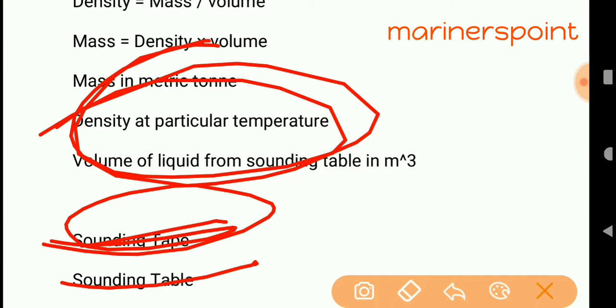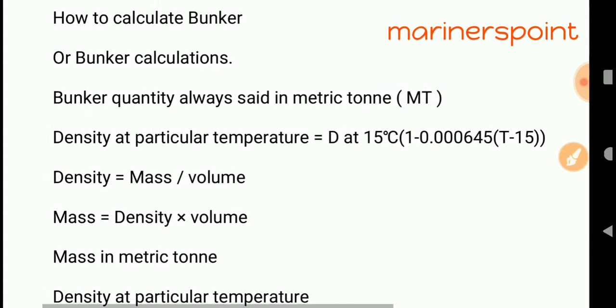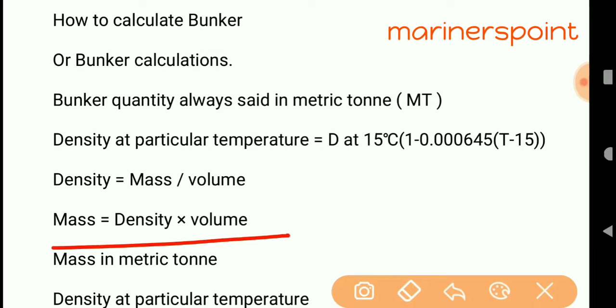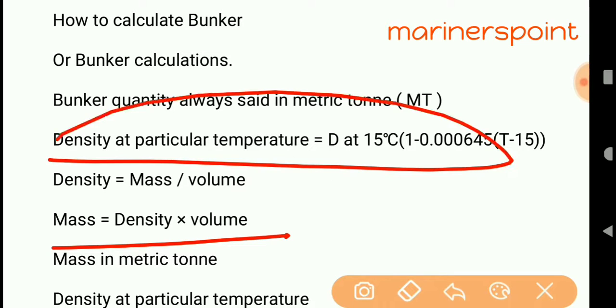After that you need this formula, and very important, that is density, because with changed density the volume of fuel will change. So as we know, mass is equal to density into volume. When we are calculating mass, you should know the density at a particular temperature.